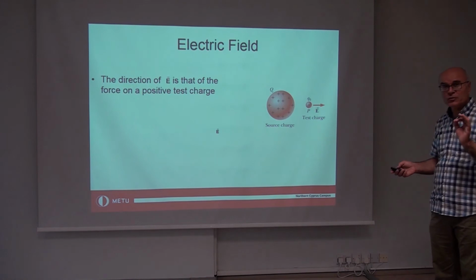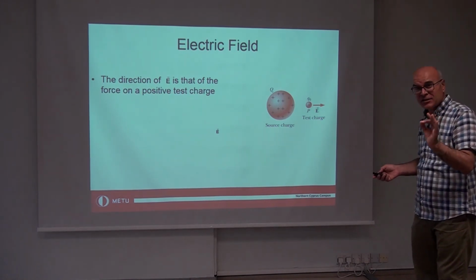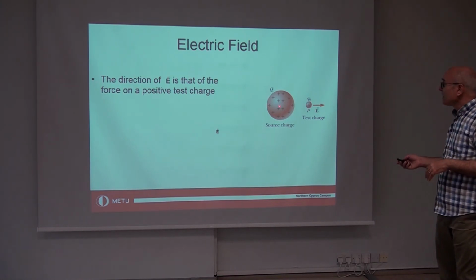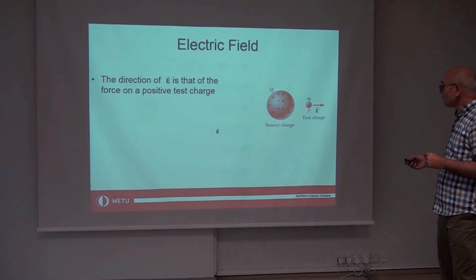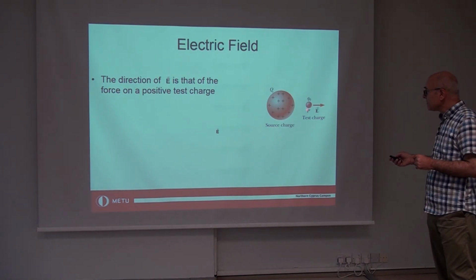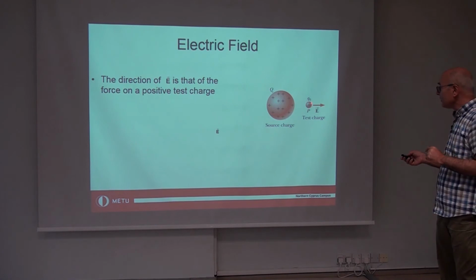To make sure that we understand what this means and how we find the direction of the electric field at a given point, here is an example. Consider this is a source charge and I want to find the electric field vector at a point here. I bring in a positive test charge and put it here.